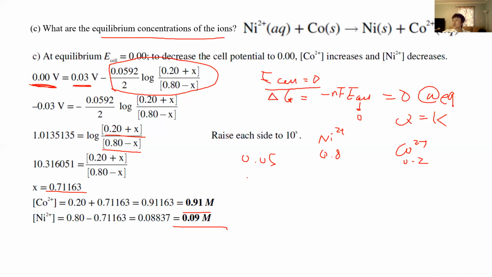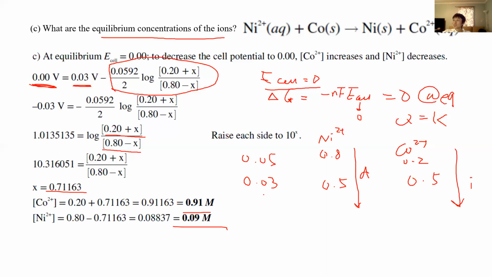It's like using a battery. After you use it for some time, the voltage becomes smaller, the concentration of nickel decreases, and the concentration of cobalt increases.